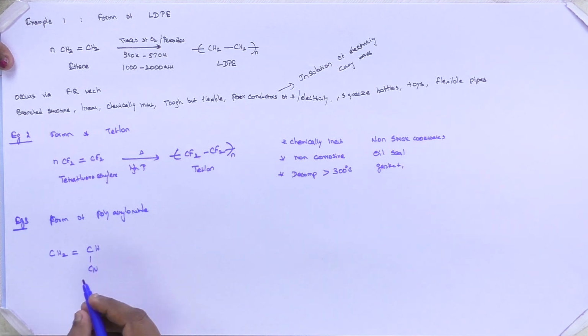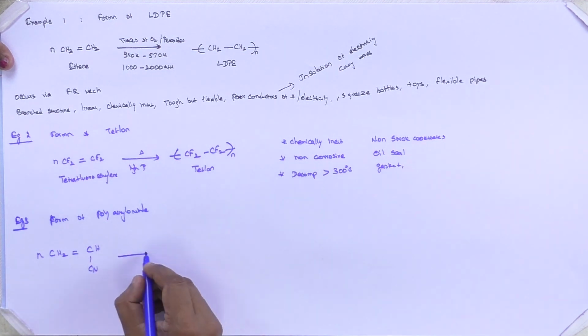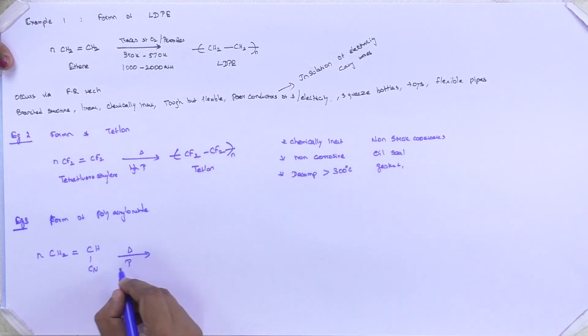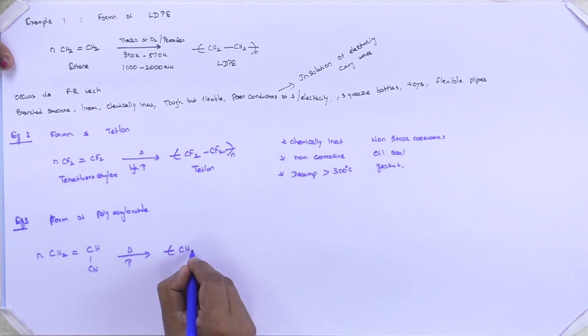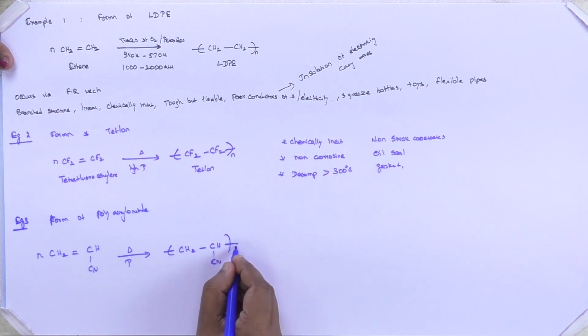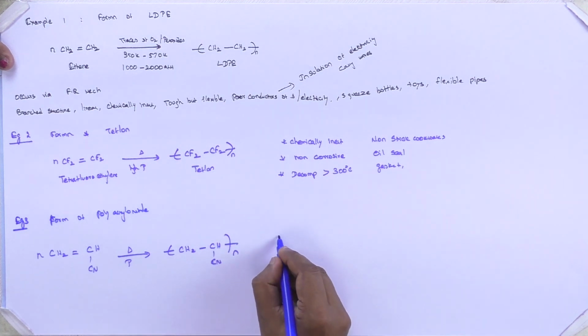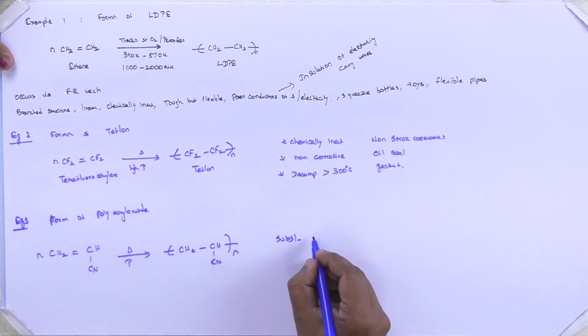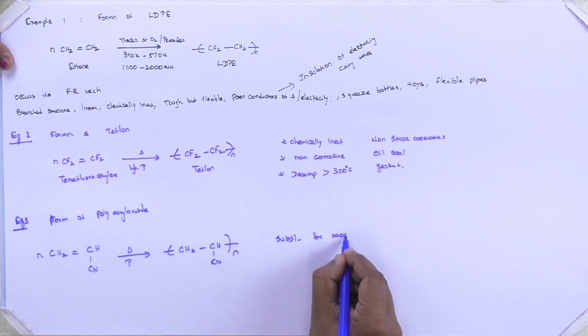Instead of X, there is a replacement by CN. n molecules of this under heat and high pressure give CH2 single bond CHCN, n times, and this is mostly used as a substitute for wool in the case of Orlon fibers and so on.